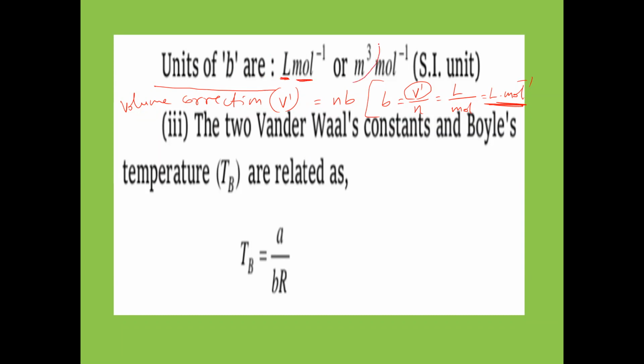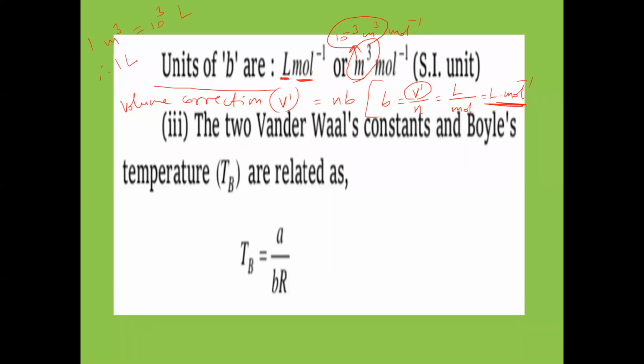Otherwise, in place of 1 liter, what can we write? 1 liter means how many meter cube? 10 power minus 3 meter cube mole inverse. Because 1 meter cube is equal to, as I told you, 10 power 3 liters.